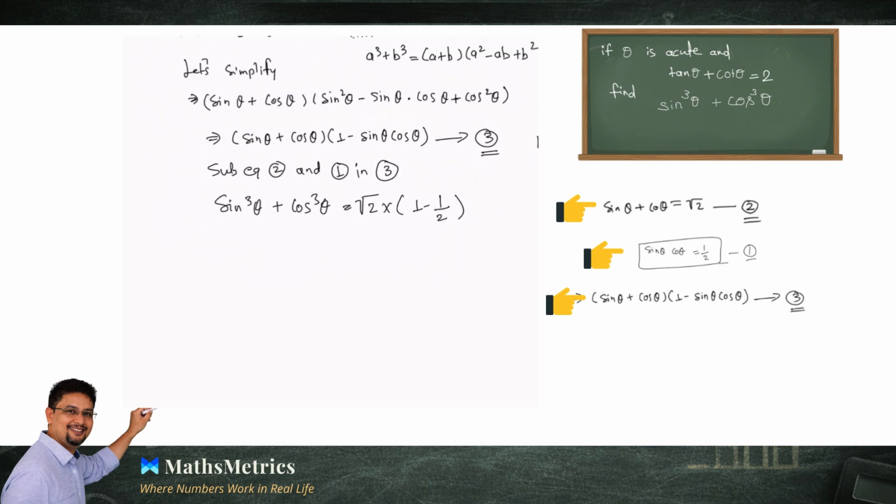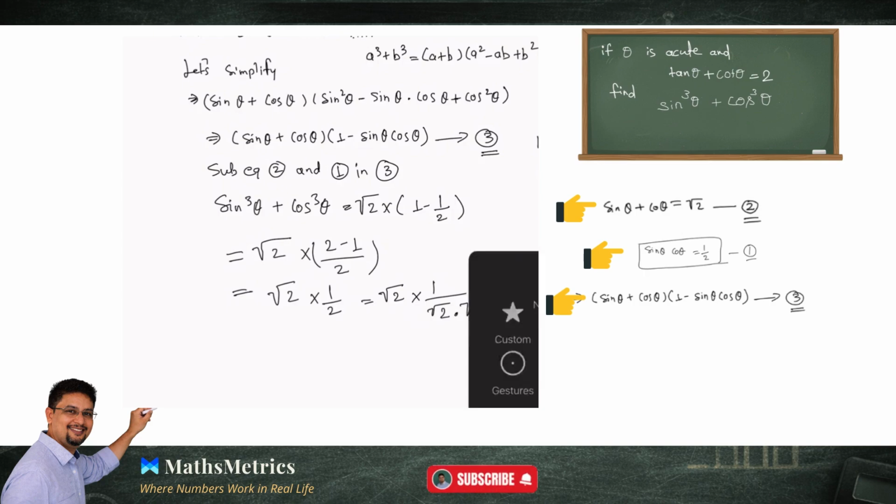That is equal to root 2 into 2 minus 1 divided by 2 equal to root 2 into 1 by 2 equal to root 2 into 1 by root 2 into root 2.